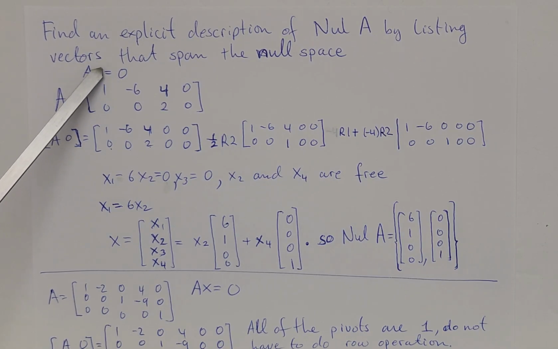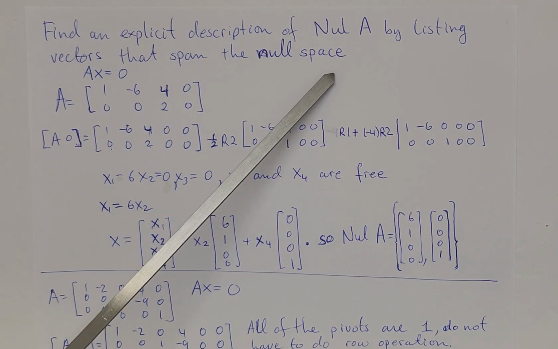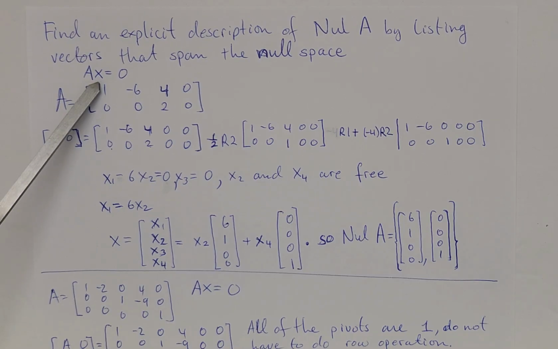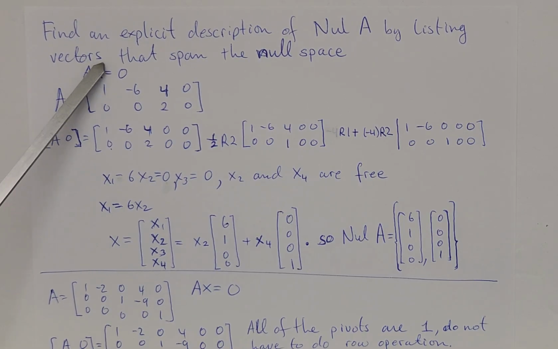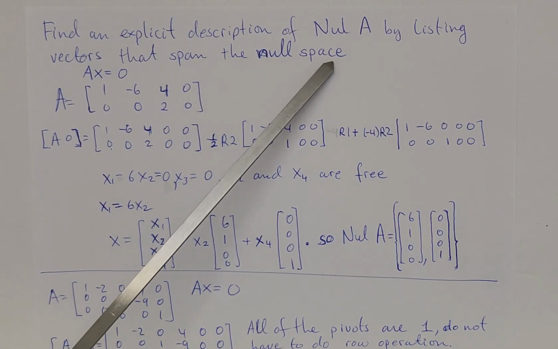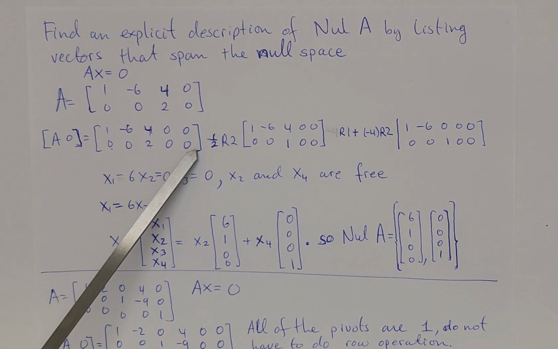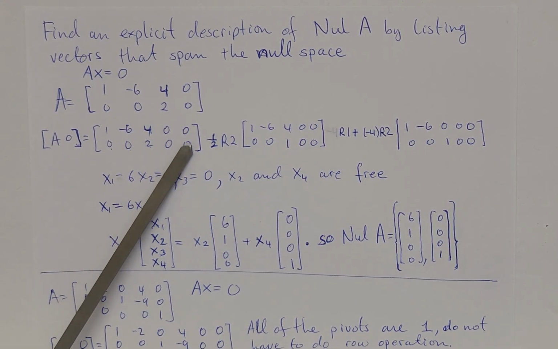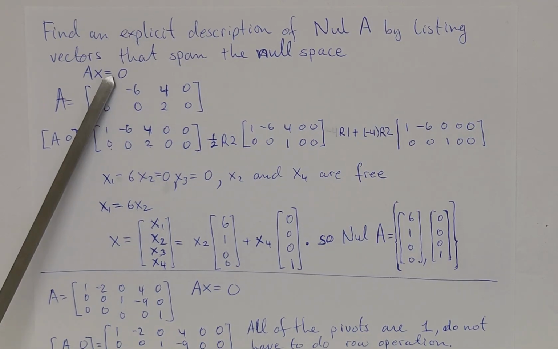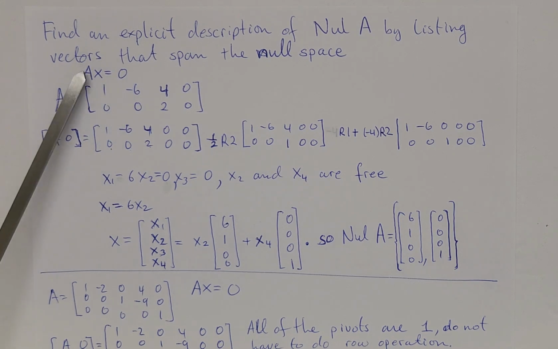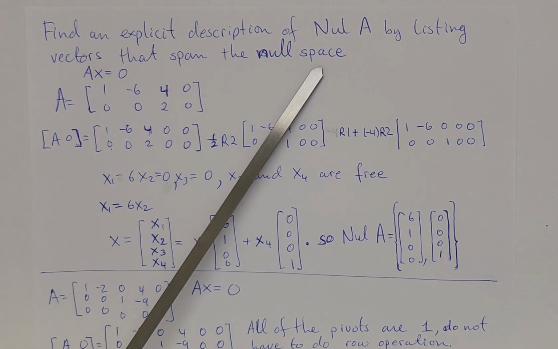We are looking for all of the vectors x that span the null space. That is the reason why we must put another column of 0, so that we can solve for it.